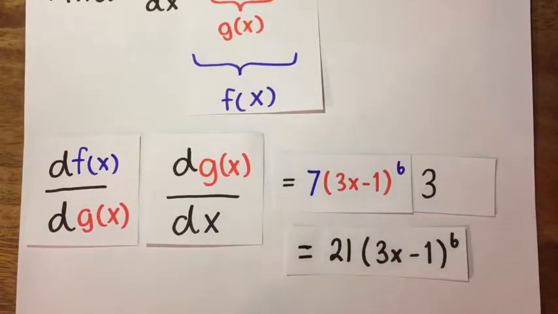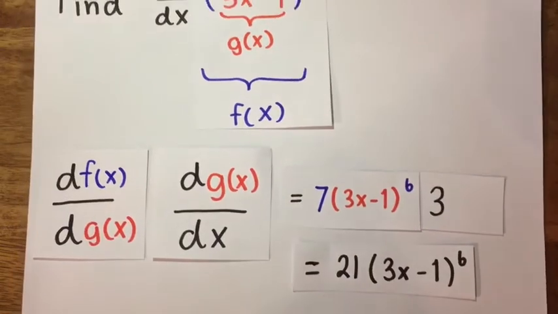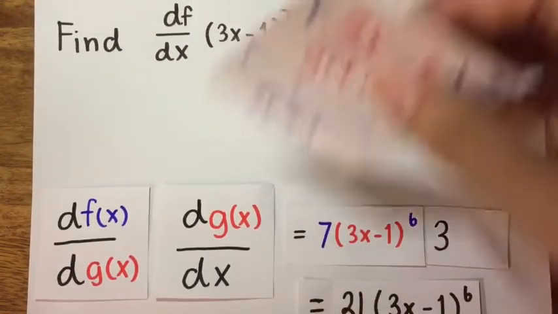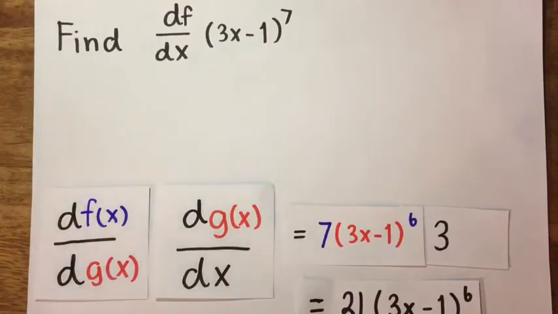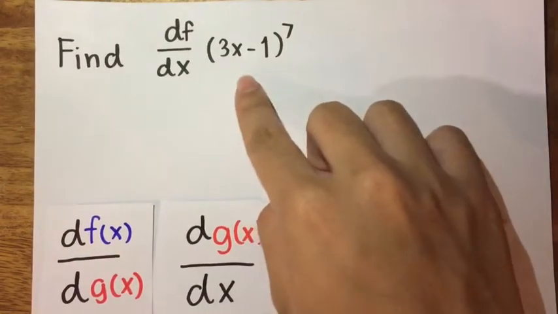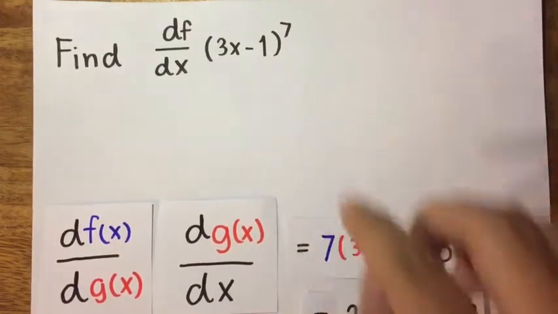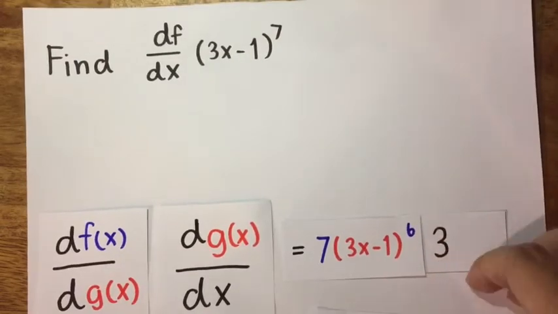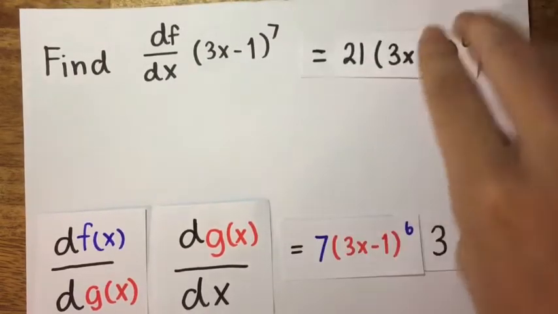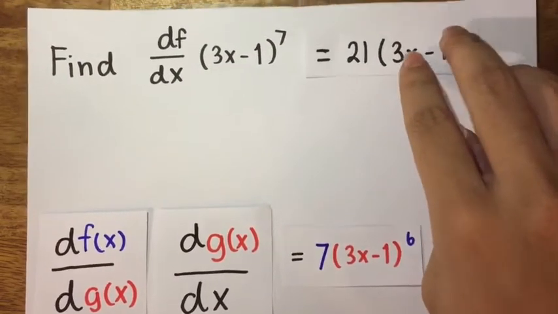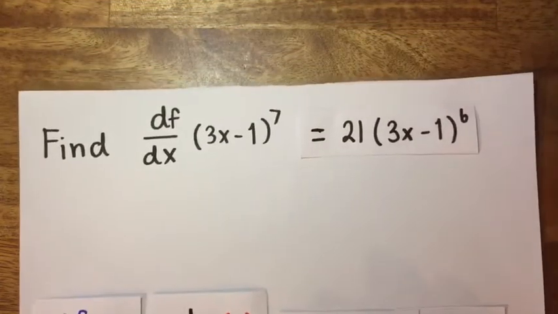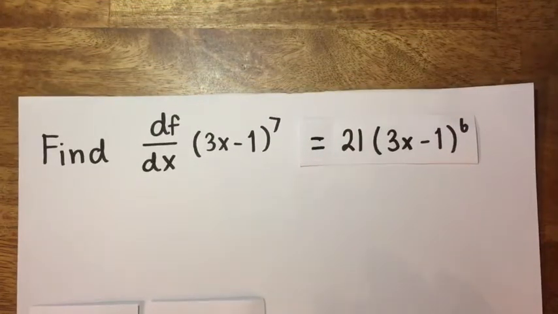And this can be your final answer for finding the derivative of 3x minus 1 all to the power of 7 equals to 21 times 3x minus 1 all to the power of 6.